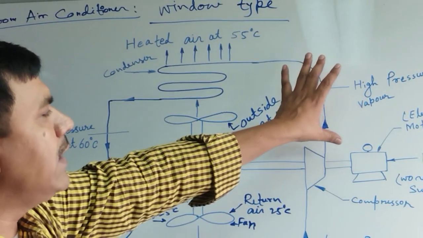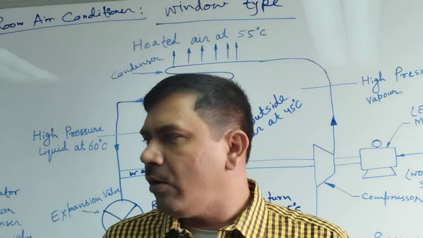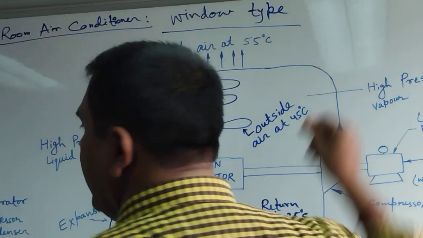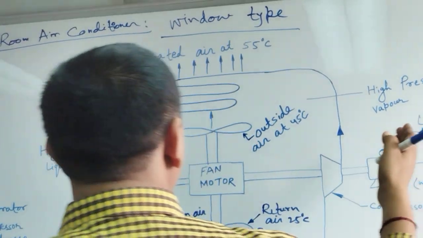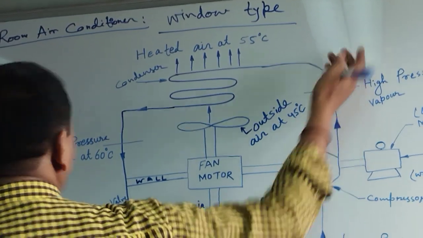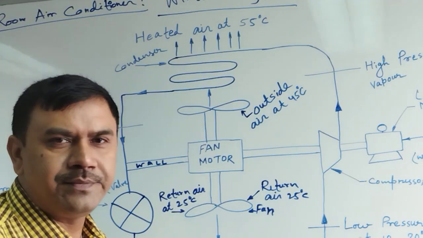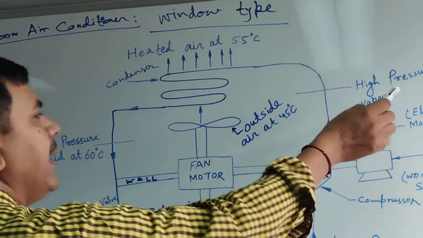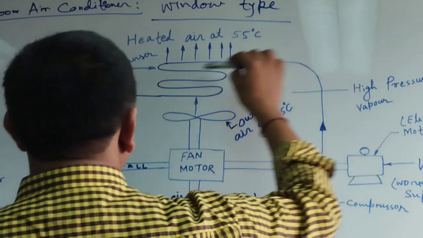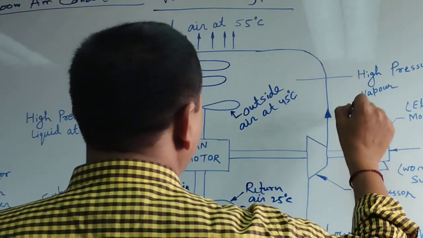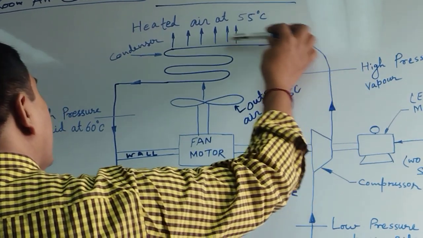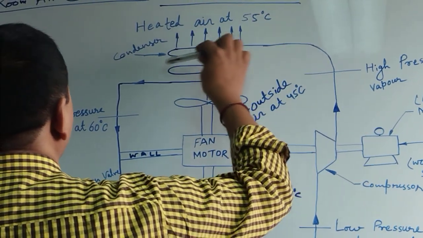This is not written here, as we solve the questions. When some parameters are given, we calculate the temperature variation, then we know how much temperature it will have. Then the high pressure refrigerant vapor comes in contact with the condenser.